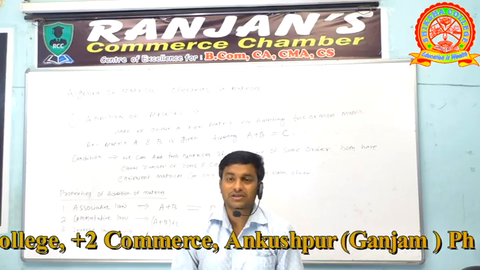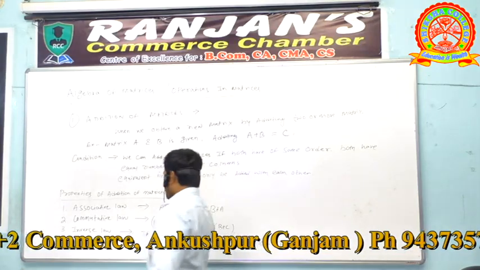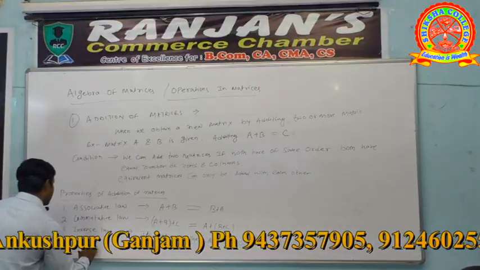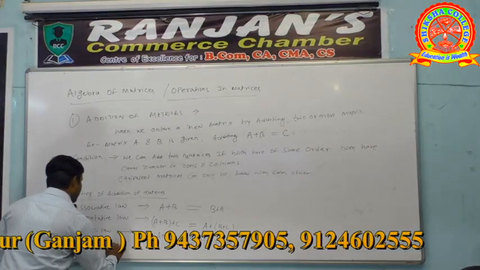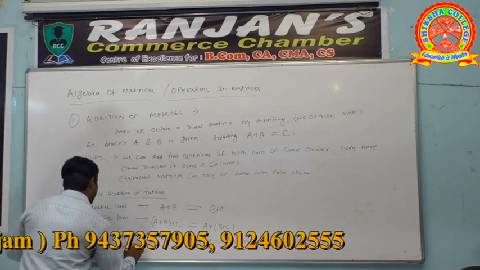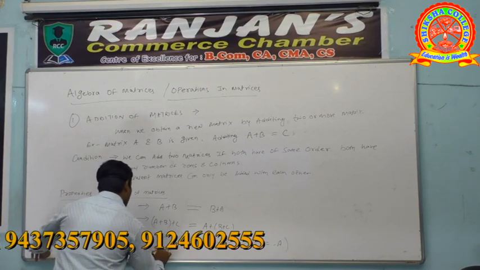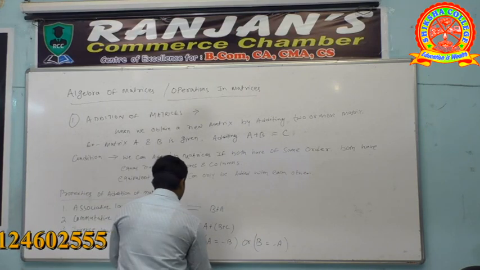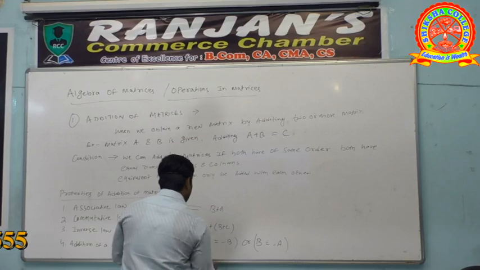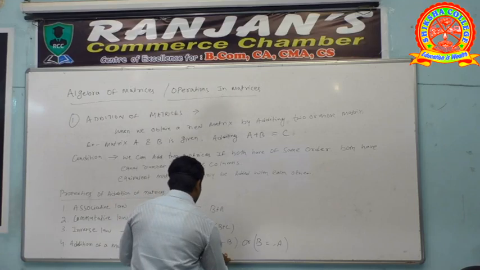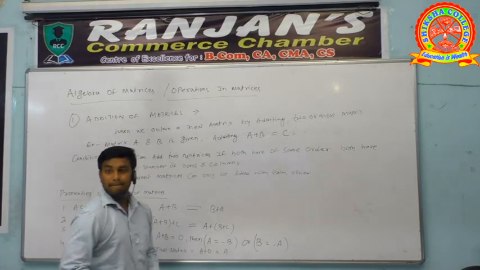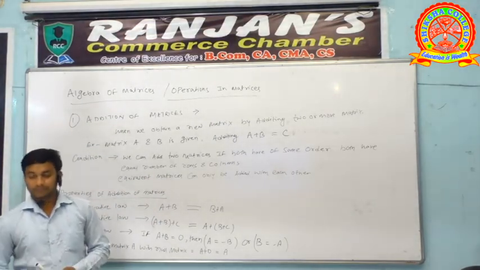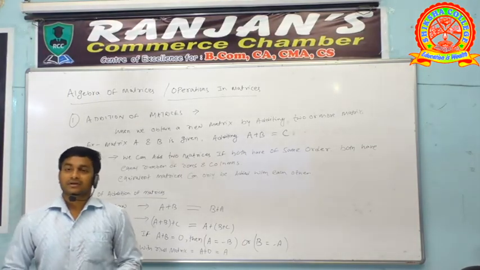As we know, 1 plus 0 is equal to 1. So same here, the addition of a matrix A with the null matrix 0 gives A. A plus 0 is equal to A. Okay? Clear, students?